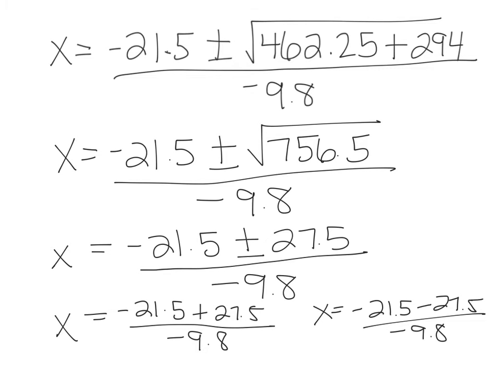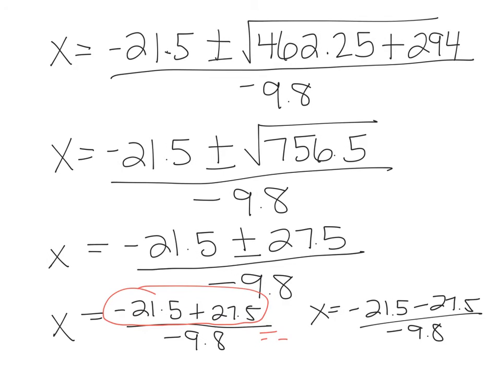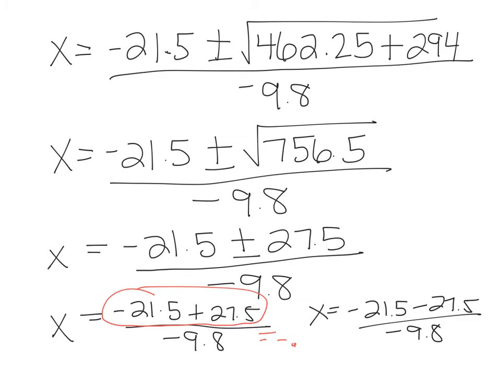Now if I carry out these operations, when I add negative 21.5 and 27.5 and divide by negative 9.8, I get negative 0.612. And when I add negative 21.5 and negative 27.5 and then divide by negative 9.8, I get a positive 5.